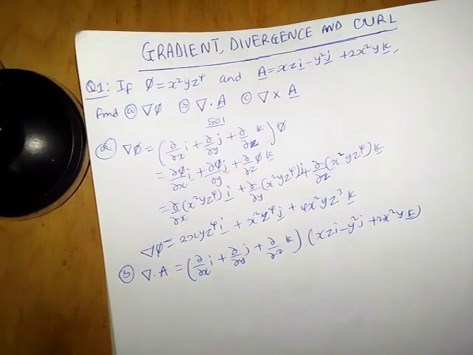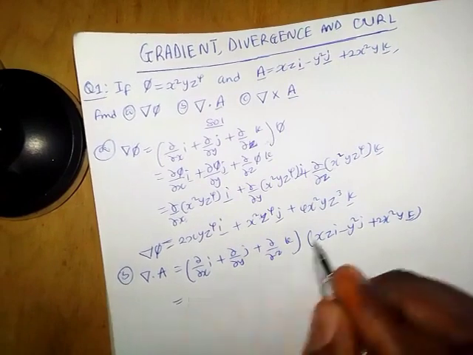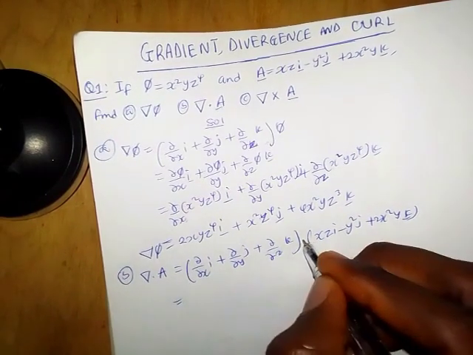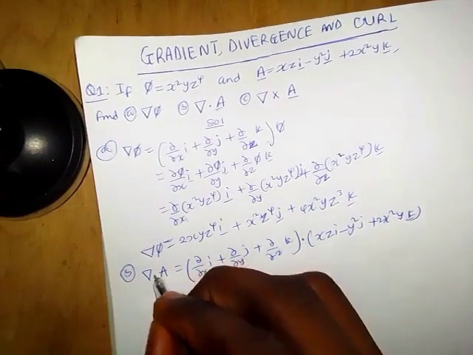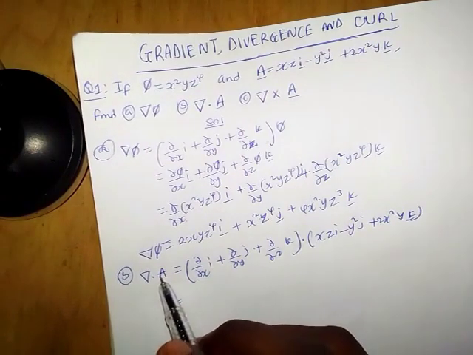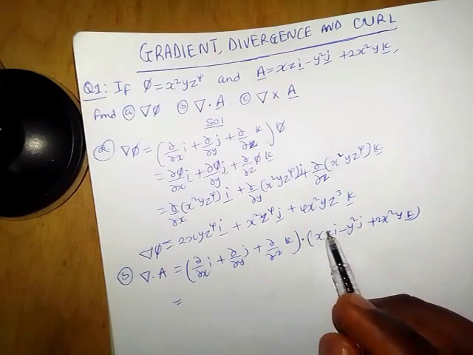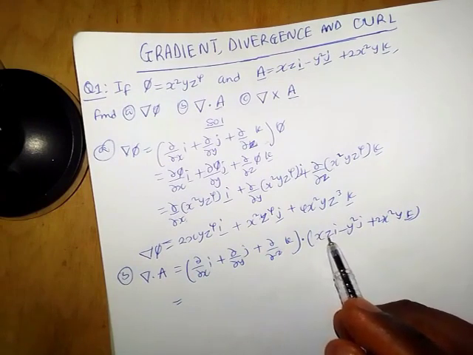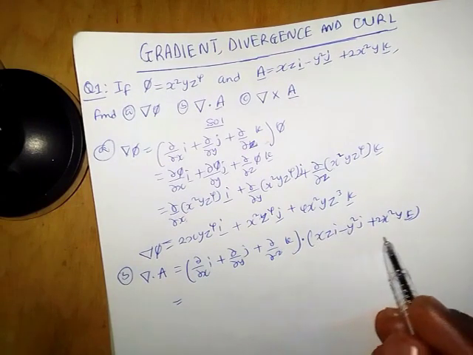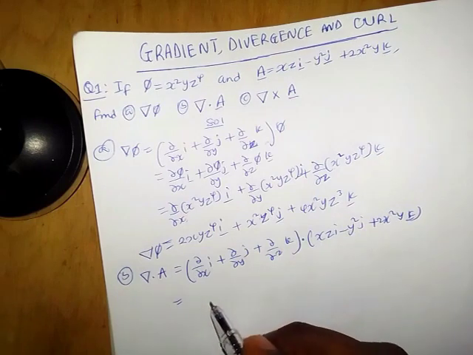So we impose this condition again here. The result is a scalar function. We have a dot product here, so we take each component.